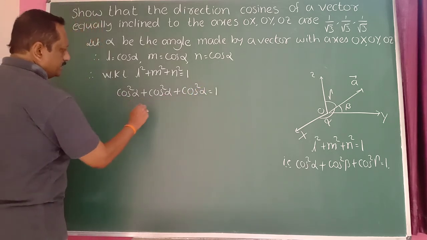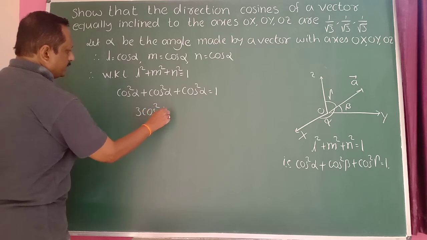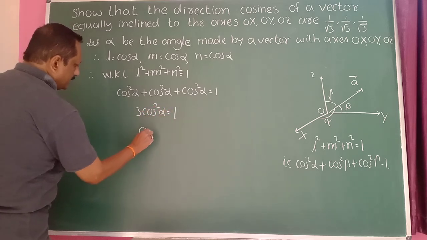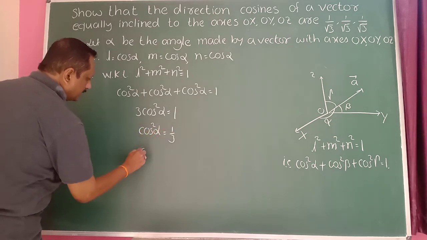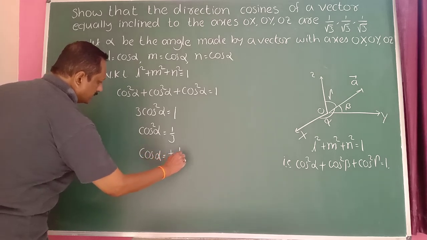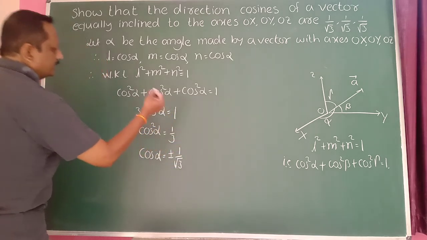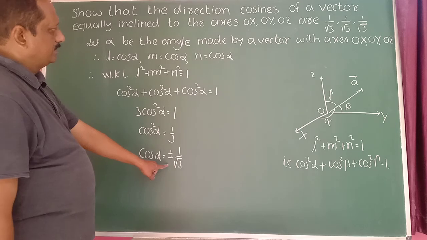Sum of these three terms gives 3 into cos square alpha is equal to 1. Hence cos square alpha is equal to 1 upon 3 and cos alpha is plus or minus 1 divided by root 3. Therefore, here cos alpha is 1 by root 3.